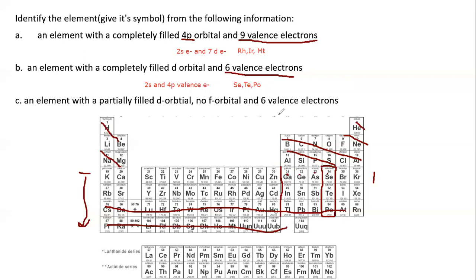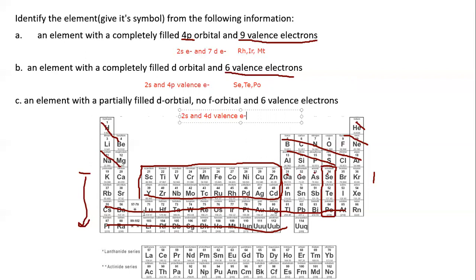And it has 6 valence electrons. So it's going to be a transition metal somewhere in these 2 rows. And if it has 6 valence electrons, that means it has 2s and 4p, or excuse me, 4d valence electrons.